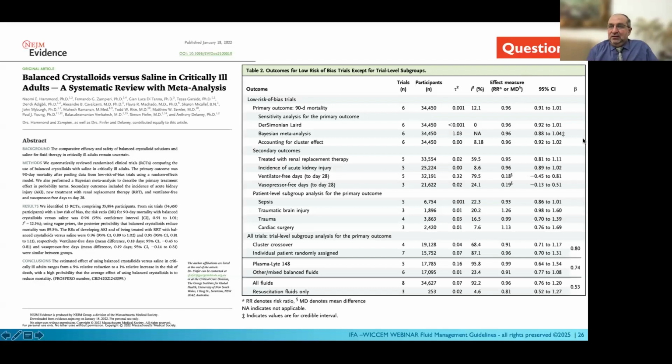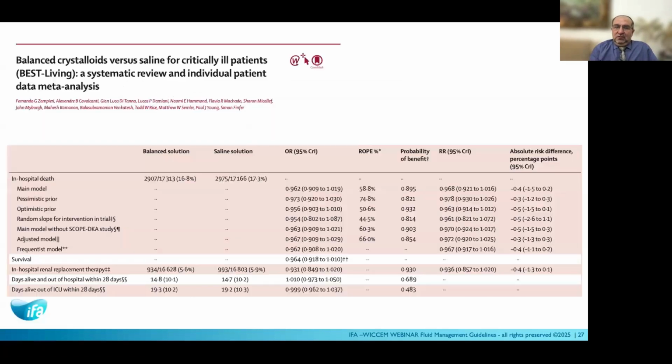And what you could see here, on mortality, the relative risk is 0.96, confidence interval 0.91 to 1.01. Yes, it's not statistically significant, but it's very, very close. So it really favors the balanced fluids.